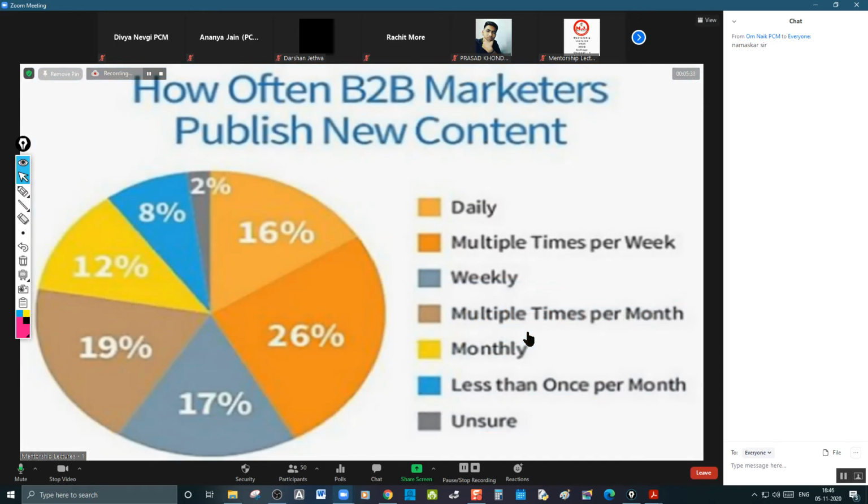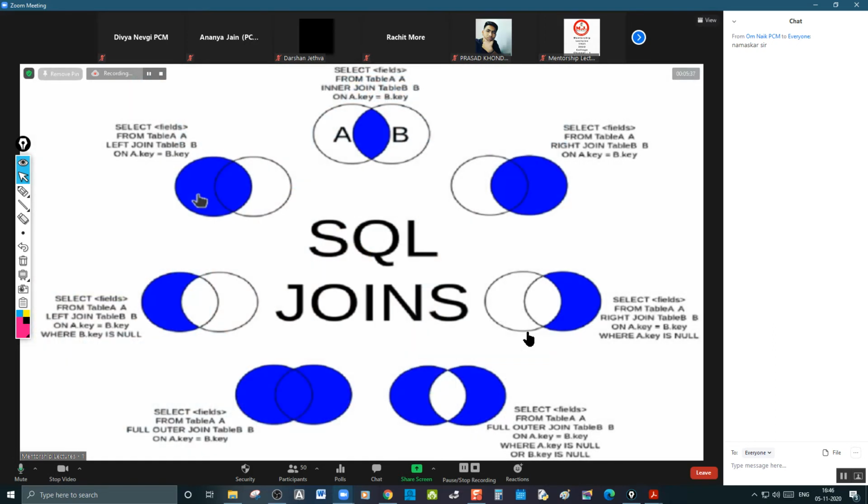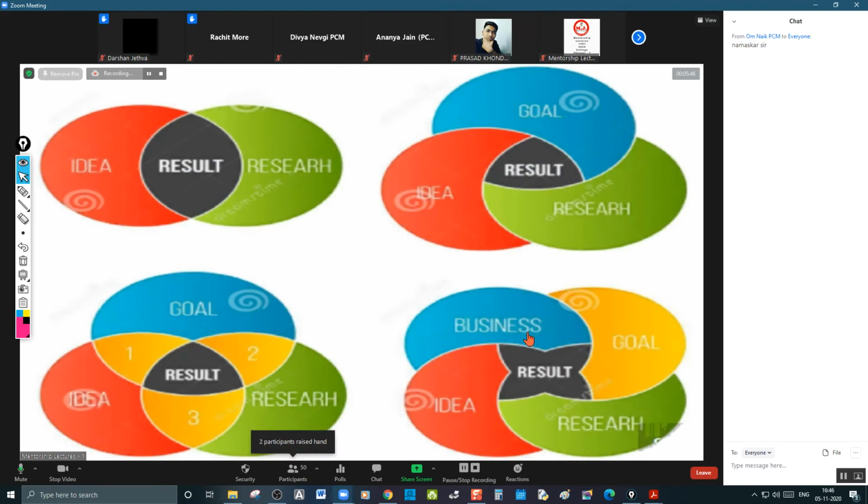And any of our class students, those who are holding 1,000 crores, please raise your hand. You can show your thumb here. Those who are holding more than 1,000 crores property. Anyone there?